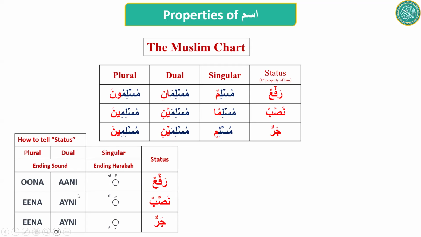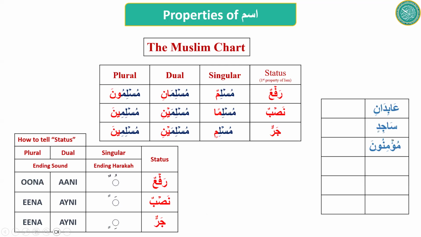If it is one kasra or two kasra, then it is jar. For dual, it is the ending sound, not the haraka: ani is rafa, aini is nasb, aini is jar. And if it is plural, we go with the ending sound again: una is rafa, ina is nasb, and ina is jar. That's what we did last time.